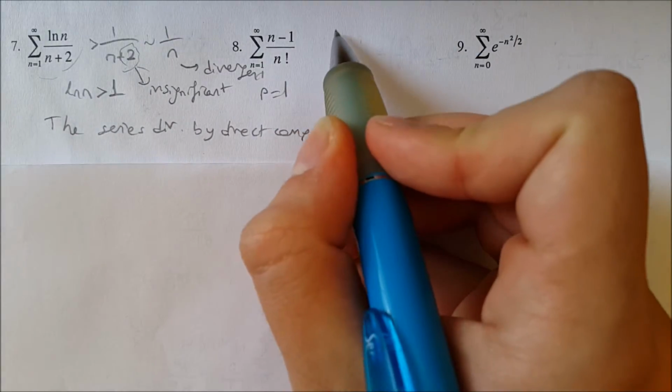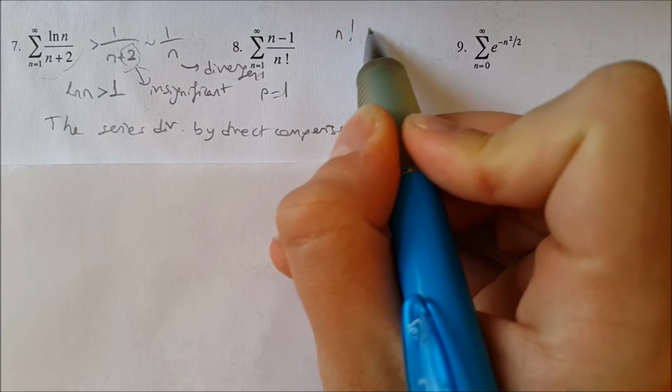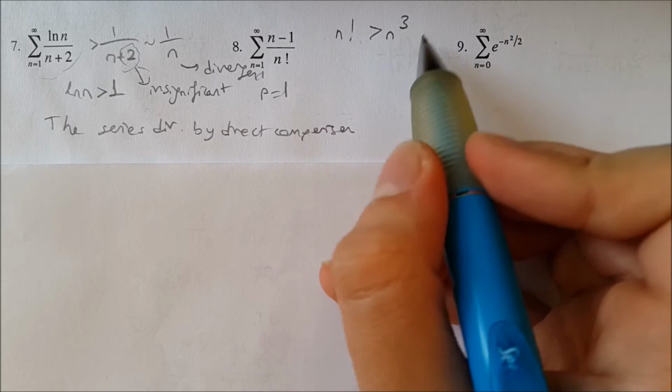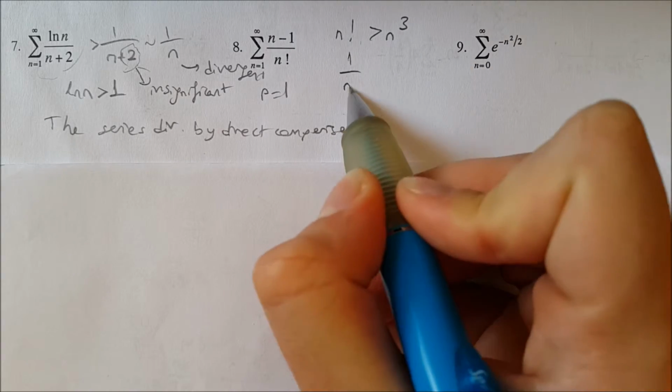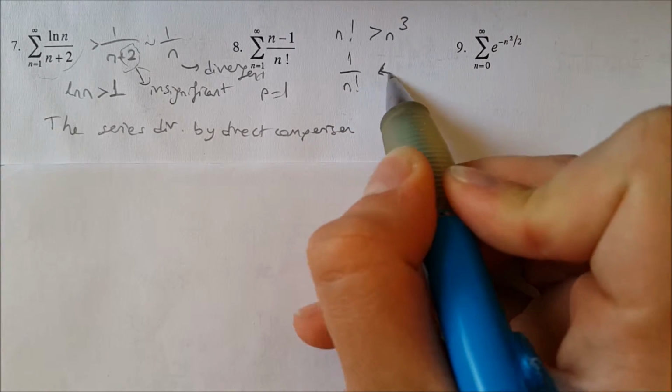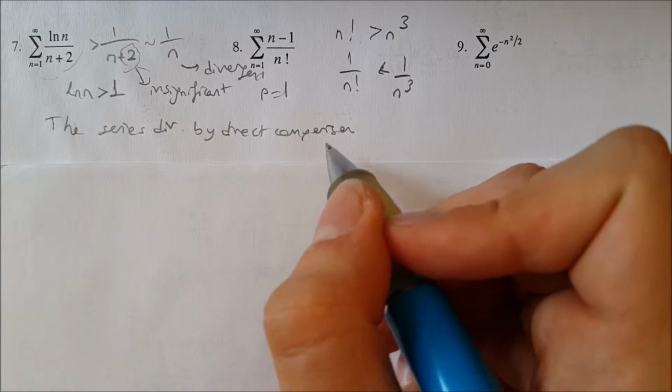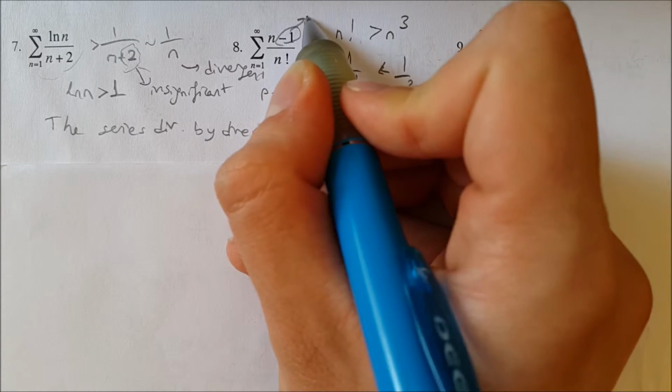In the next one, after some point n factorial is greater than n cubed, always. So that means 1 over n factorial is smaller than 1 over n cubed. Now when we go to very big numbers, this minus 1 becomes insignificant.